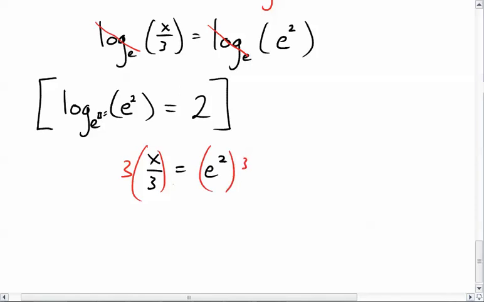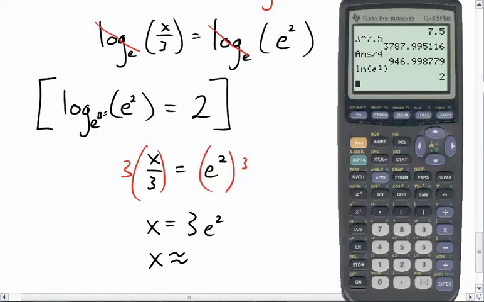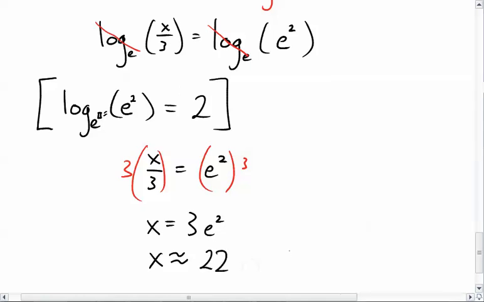And I get x is equal to 3e squared. So x is approximately 22.